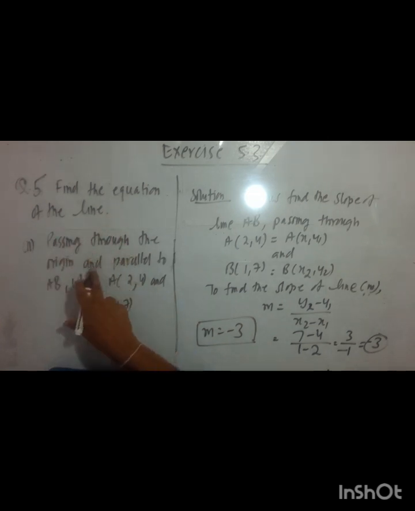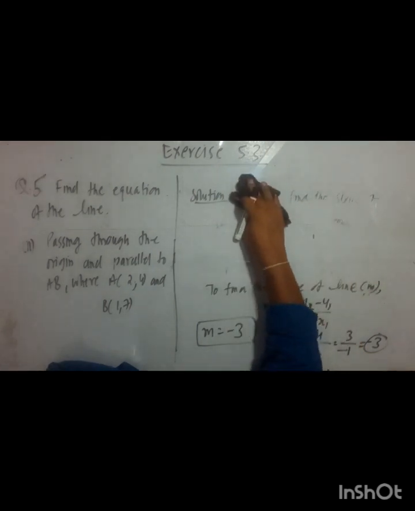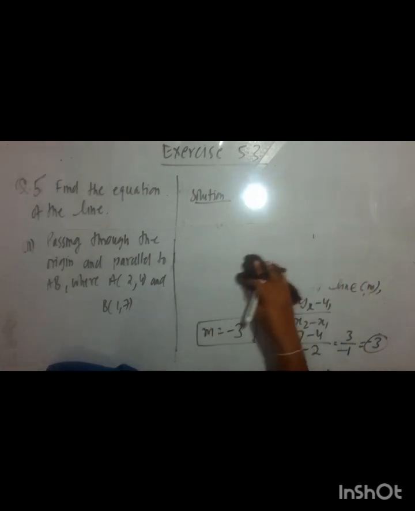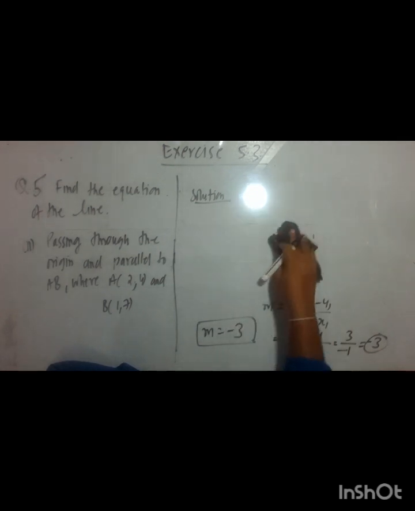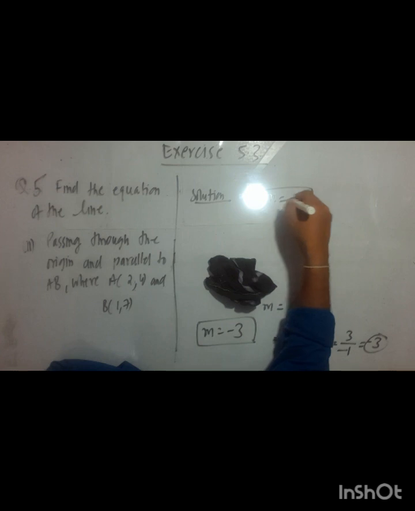Now what they have said, find the equation of the line passing through the origin and parallel to AB, where A. Now our required line. Okay, you got the slope of AB, that is minus 3.